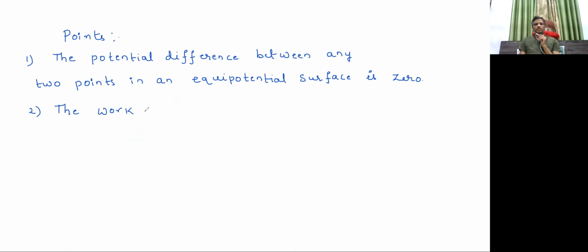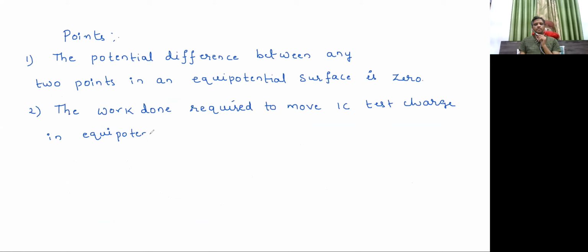The work done required to move a 1 coulomb test charge or any charge in an equipotential surface from one point to another point is 0.